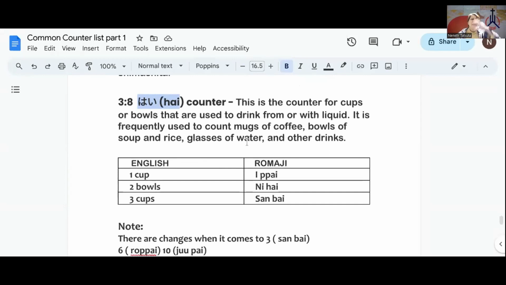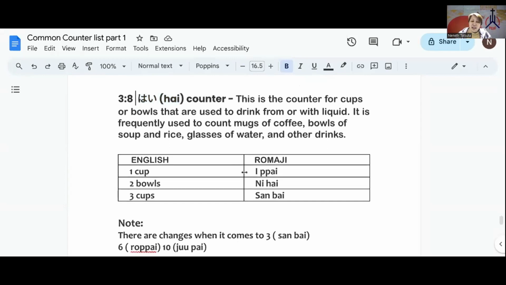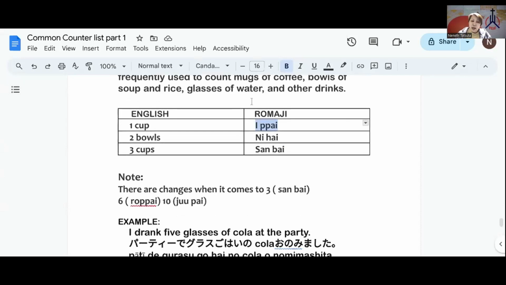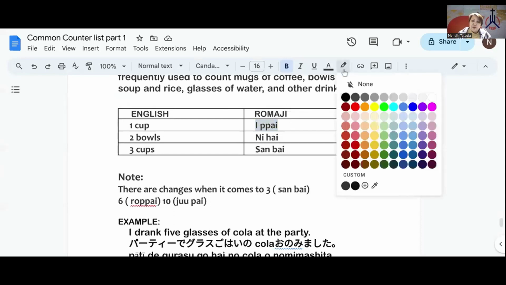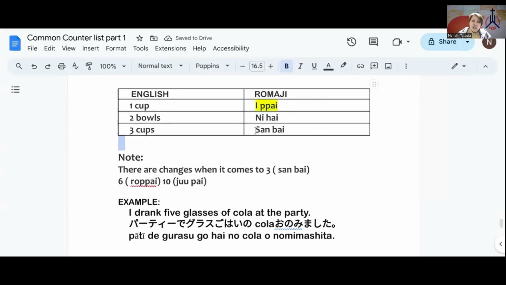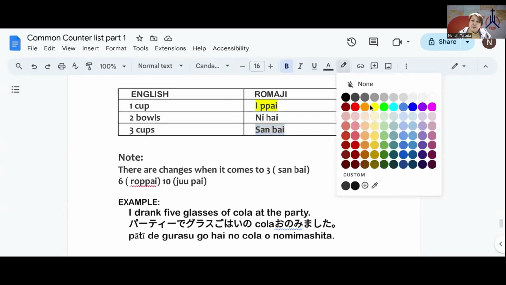We call this hai. Just add hai. Again, there is an exception. The first one, one cup, is not ichihai, but ippai. Highlighted again. And then sanbai, not sanhai, but sanbai.